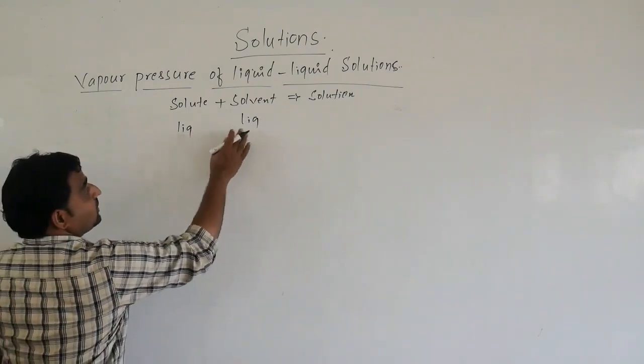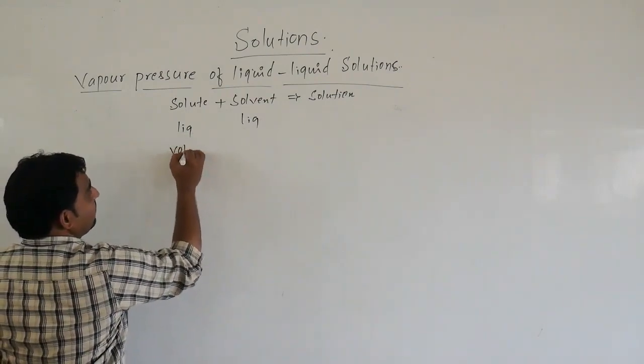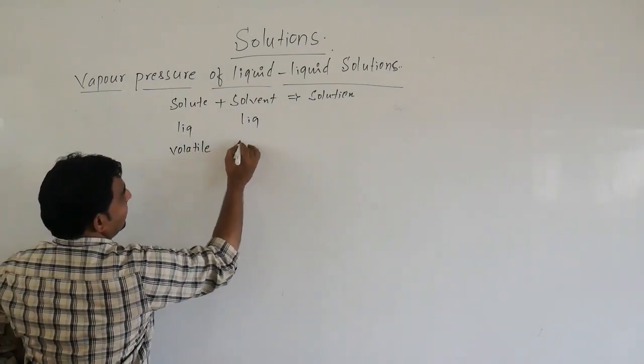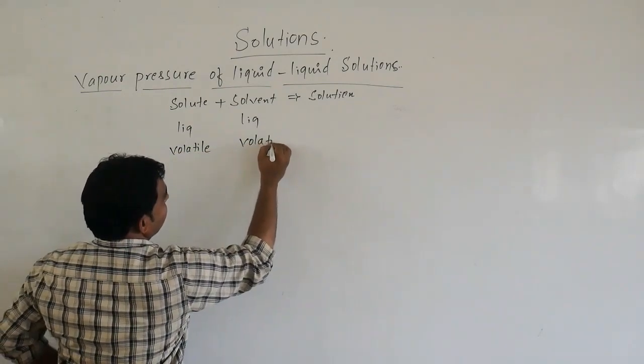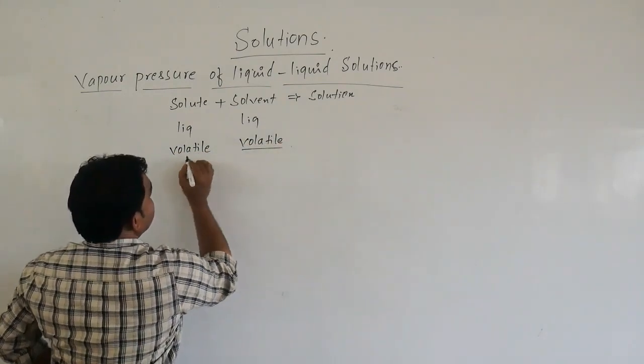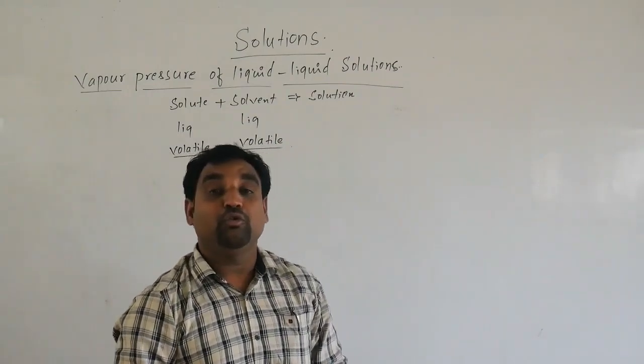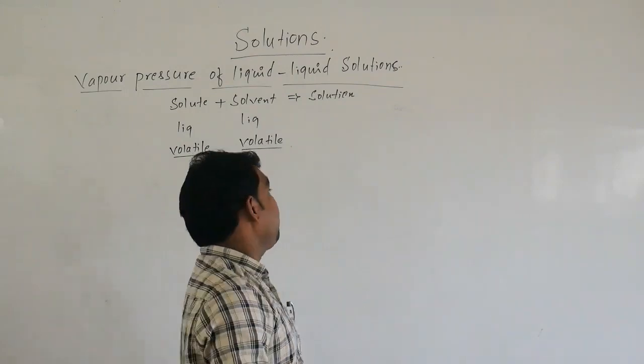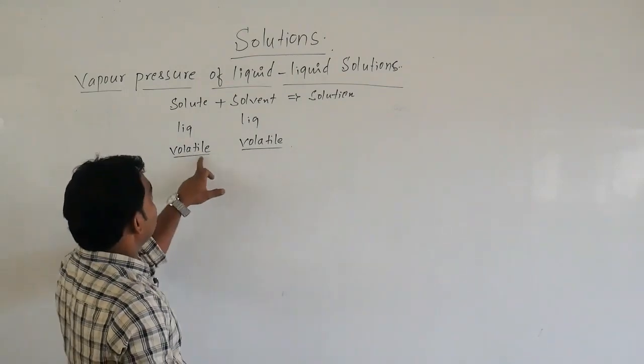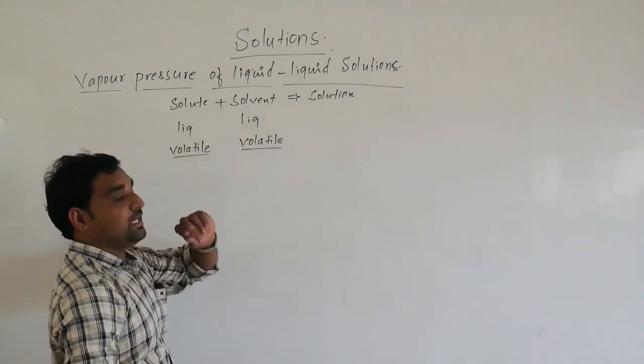So these two liquids are volatile in nature. Volatility means the liquid substances will evaporate easily, so they will form vapor molecules over the solution.